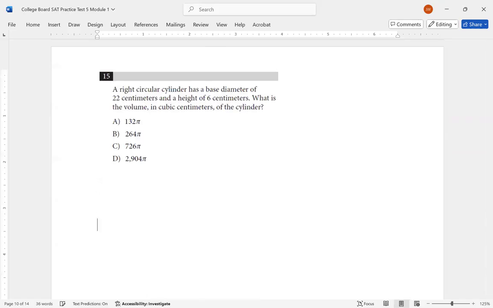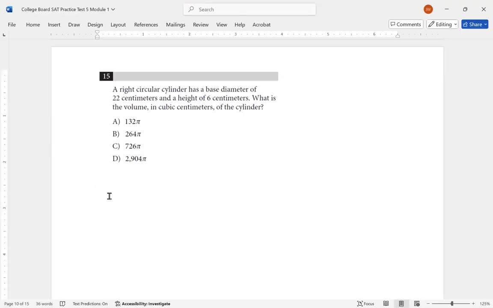"15 says a right circular cylinder has a base diameter of 22 centimeters and a height of 6 centimeters. What is the volume in cubic centimeters of this cylinder?"